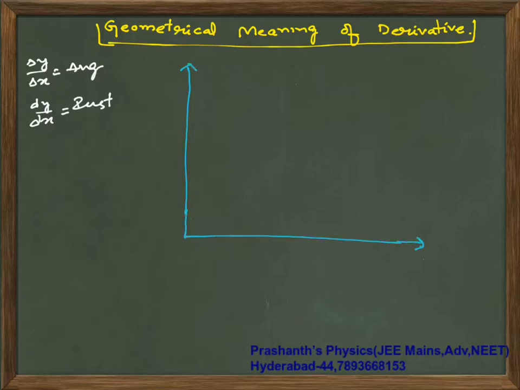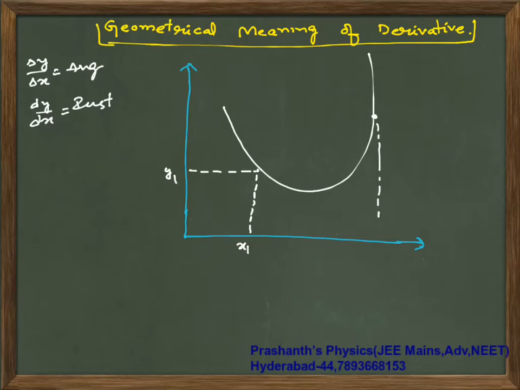Within this graph, let us say there is a straight line like this. Let us say there is a point here, x1, and this is y1. Let us say there is one more point here, this is y2, this is x2.